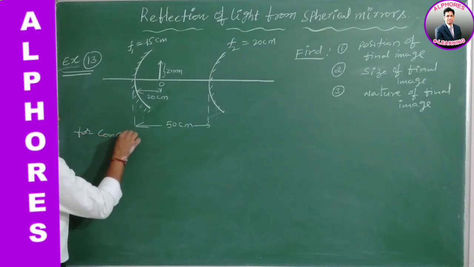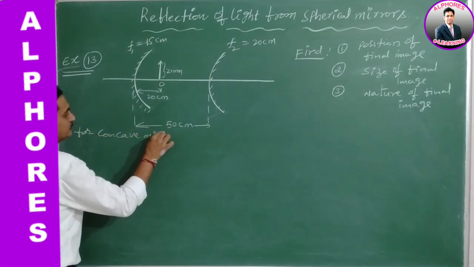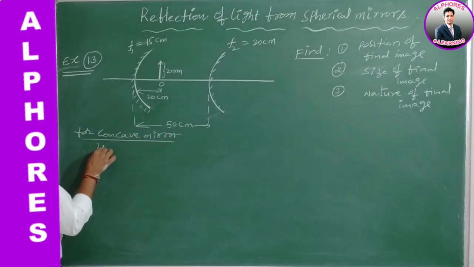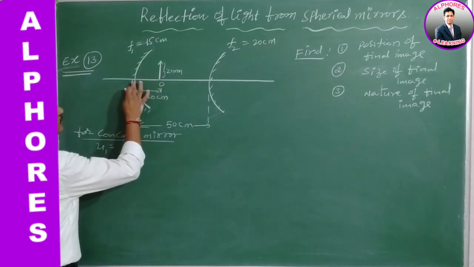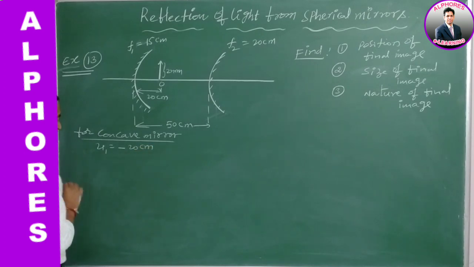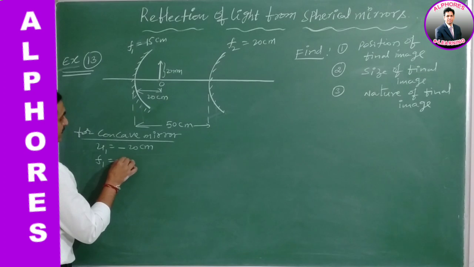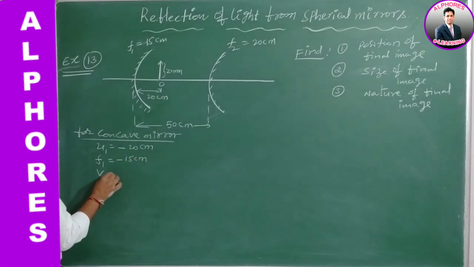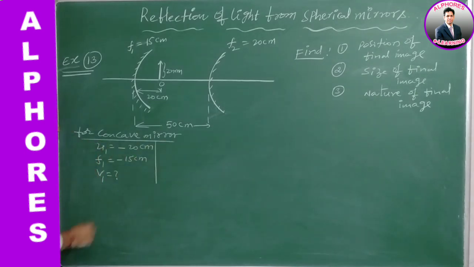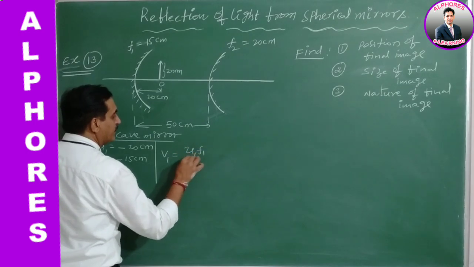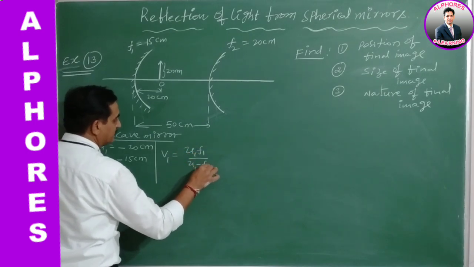For the concave mirror, the object distance u1 is minus 20 centimeters. The focal length f1 is minus 15 centimeters. Let us find the image distance. v1 is equal to u1 f1 by u1 minus f1.